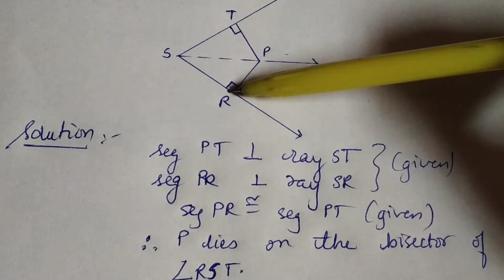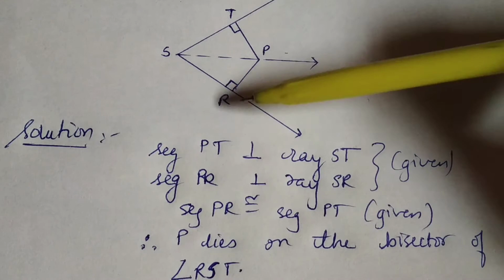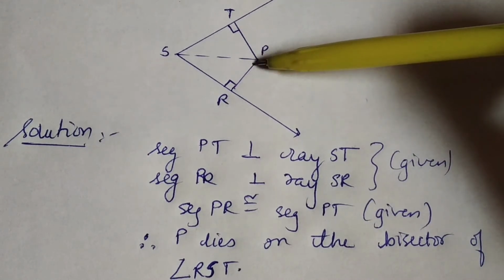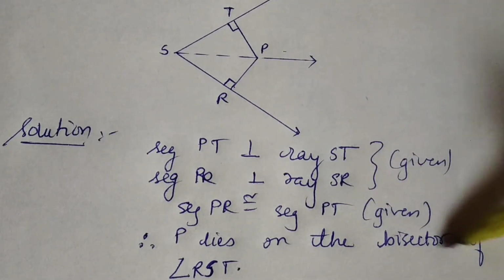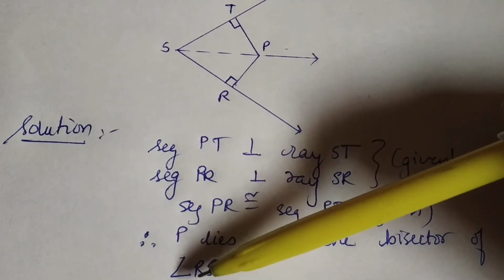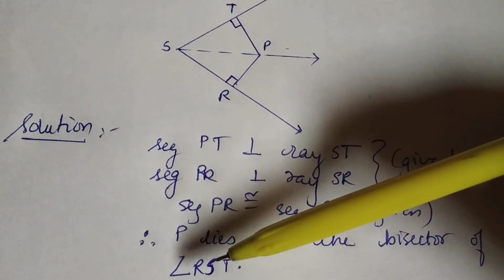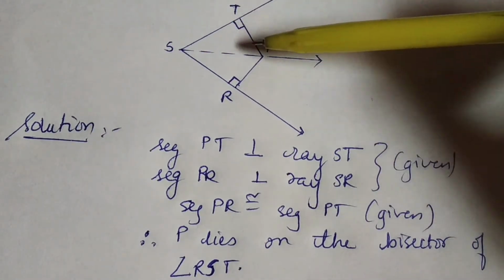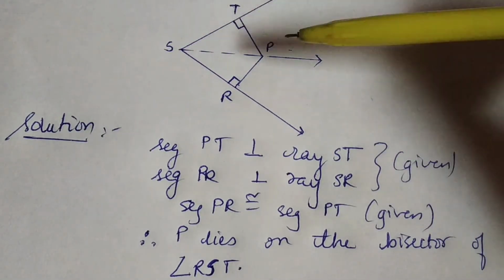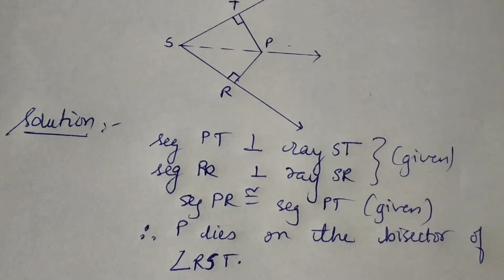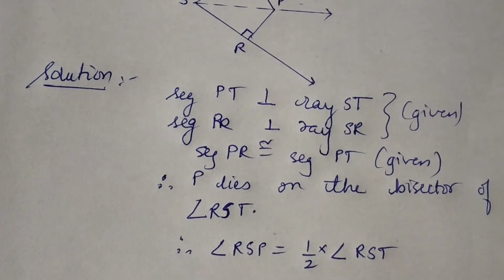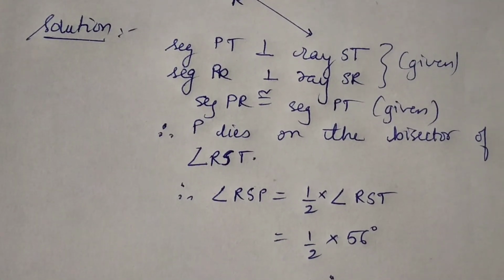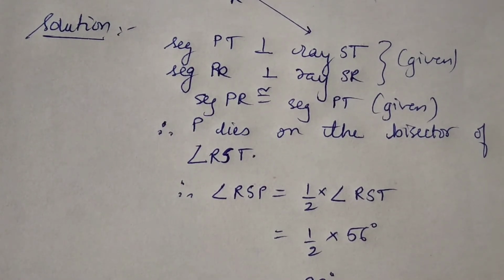Since this is a perpendicular distance and P is at equal distance from the sides, we say that P lies on the bisector of angle RST. Once we say that, we will say therefore RSP is half of RST.